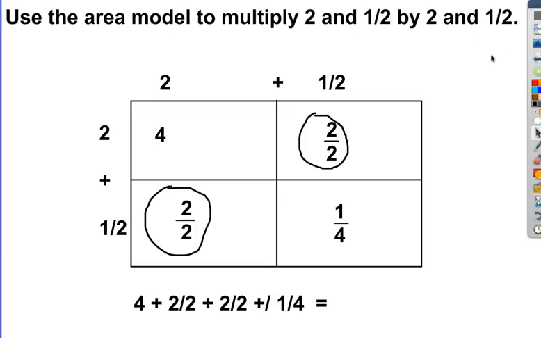You should have that pretty much written down by now. And if you're still writing, that's okay. I'm going to begin taking a look at what we're doing here.